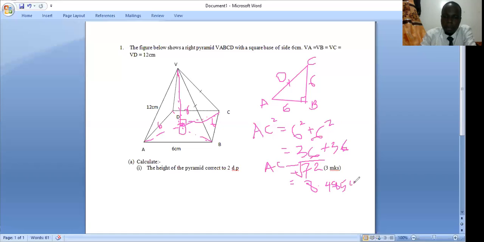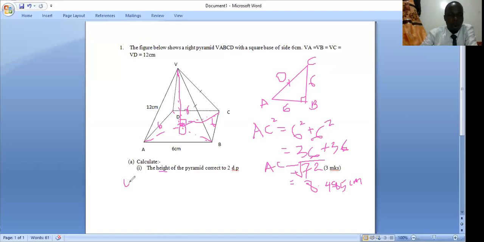That is A to C. This is supposed to be 6 marks, not 3 marks. Remember, the question is the height. We are getting AC so that we can get OC, and we use the longer part, because this forms 90 degrees at that point there.